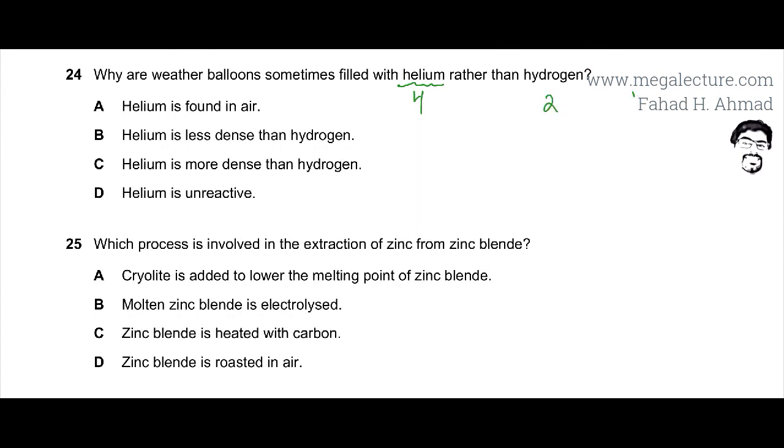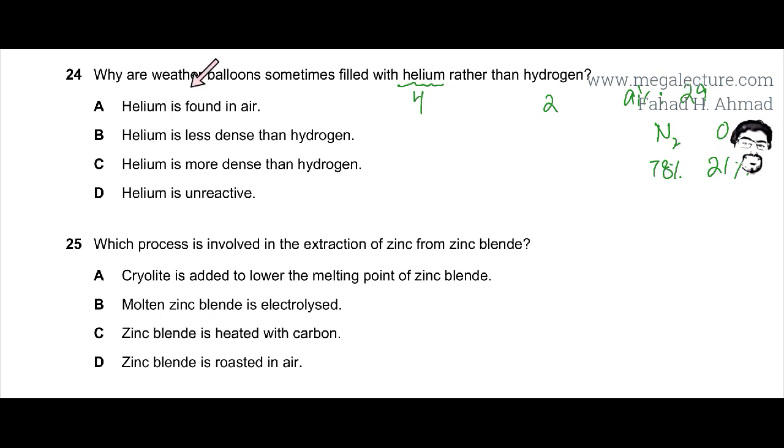Compared to air, which is on average 29. The reason air is on average 29 is because it contains molecules of N2, which are 78%, and molecules of O2, which make up 21% of air. So the average of N2 and O2 comes out to be around 29. So these are very light gases compared to air, so they're going to go up.